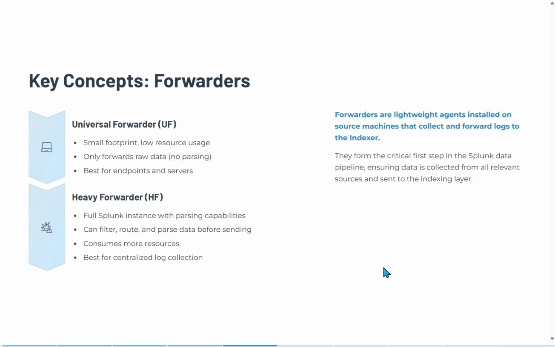The heavy forwarder is a full Splunk instance with parsing capability; it can filter, route, and parse data before sending. It consumes more resources and is best for centralized log collection.